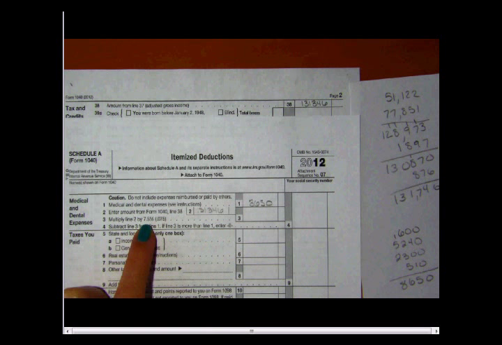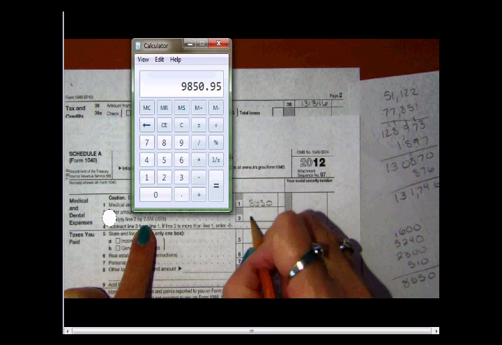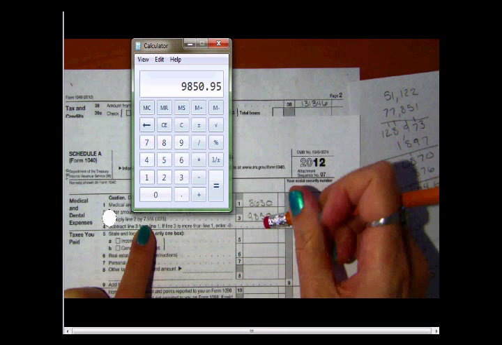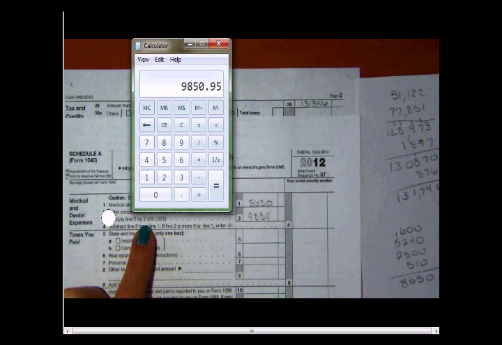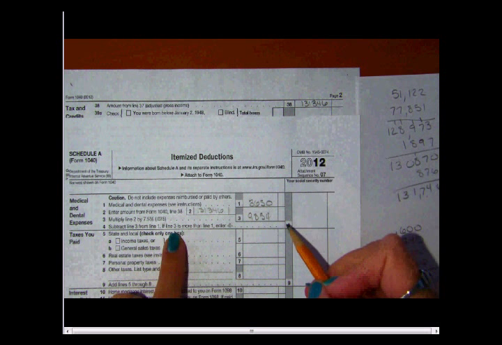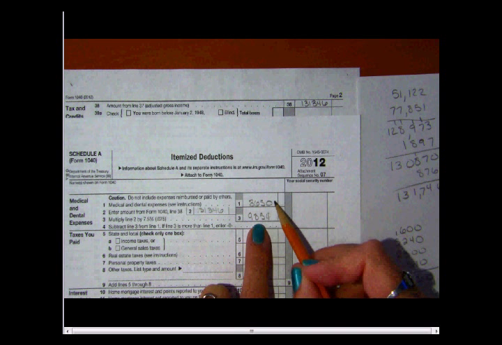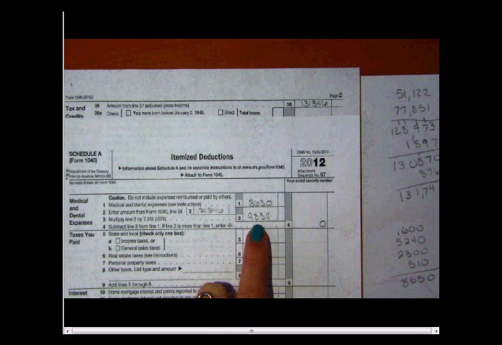So I will pull up the calculator for this one because actually we're rounding. Okay, so 9851. Subtract line 3 from line 1. If line 3 is more than line 1, which it is, right, we have to enter 0 here. They did not have enough medical expenses to deduct.